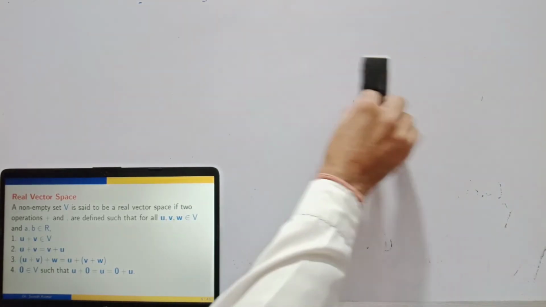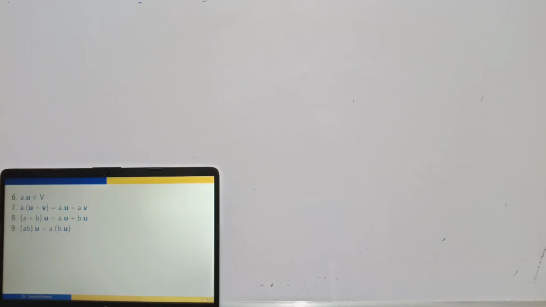A real vector space is a non-empty set V where two operations are defined, plus and dot, plus we call vector addition, dot scalar multiplication. With respect to plus, these five properties are satisfied. Okay. And with respect to dot and plus mixed, five more properties are satisfied. So real vector space means if these 10 properties are satisfied, then V is a vector space, real vector space.